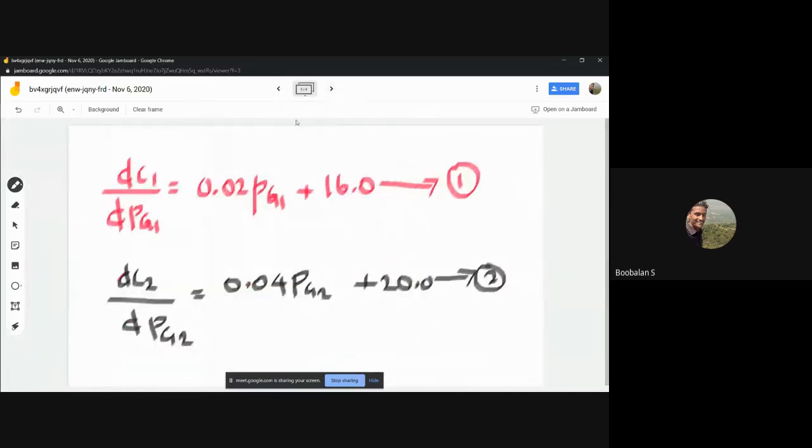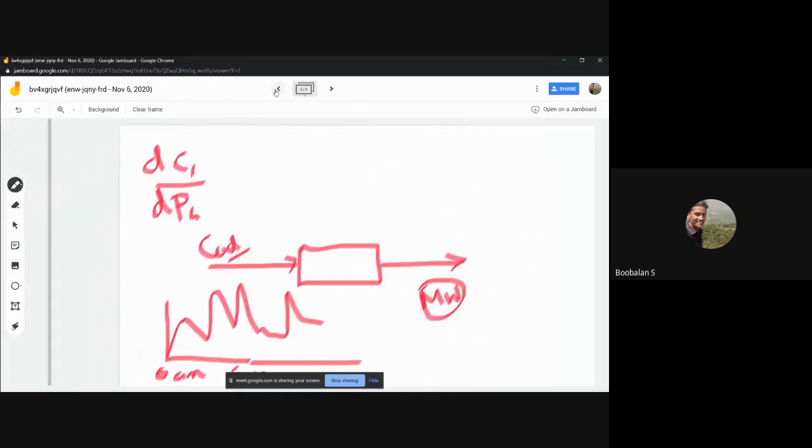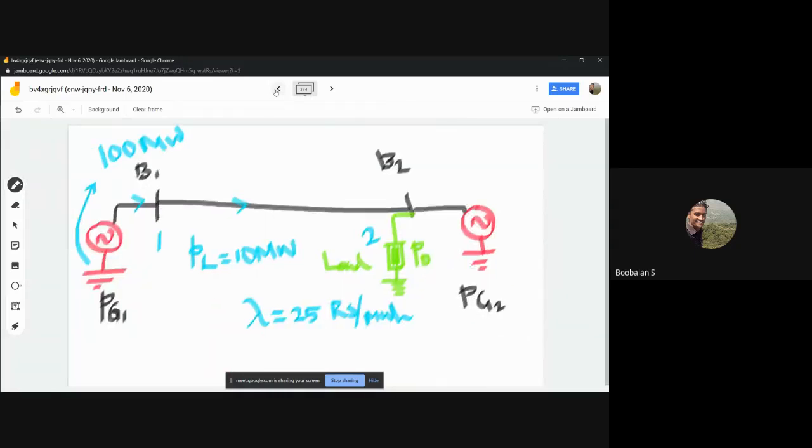We'll see, the solution starts. And you could see, I already told that the power from plant 1, about 100 megawatt, needs to travel this much distance, definitely, right? Everything is made up of conductor.